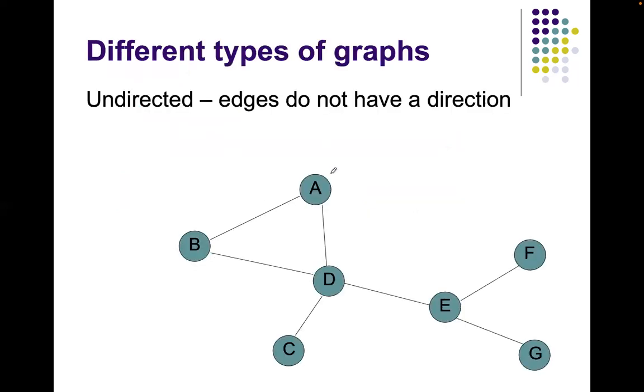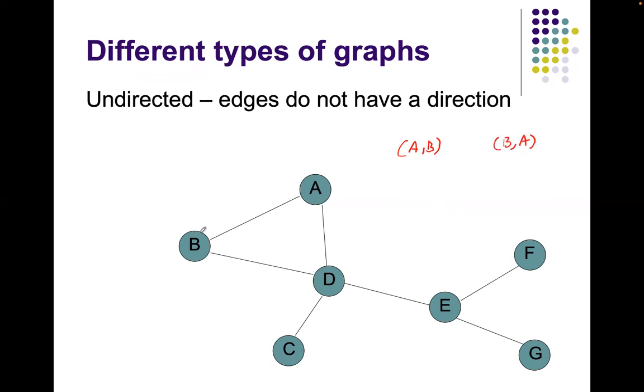An undirected graph means that when we're talking about edges, the edges do not have any direction. For example, in this graph, you can see that A and B are connected with an edge AB. Now this edge is actually the same as BA.